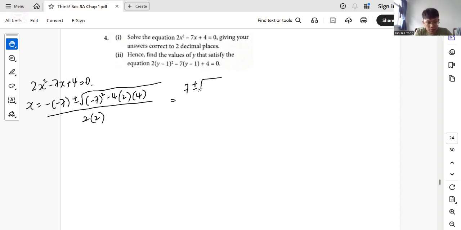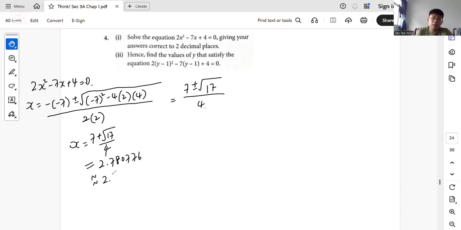So this will be 7 plus minus square root of 49 minus 32, which is 17, and then over 4. So my x equals 7 plus square root 17 over 4. Let me key in the calculator. This is 2.780776, so 2dp, that's what they want: 2.78.